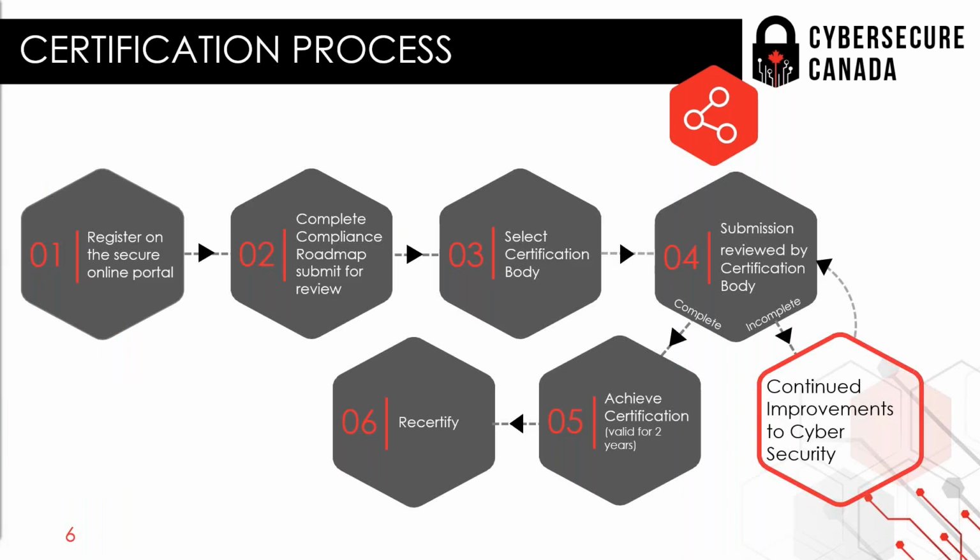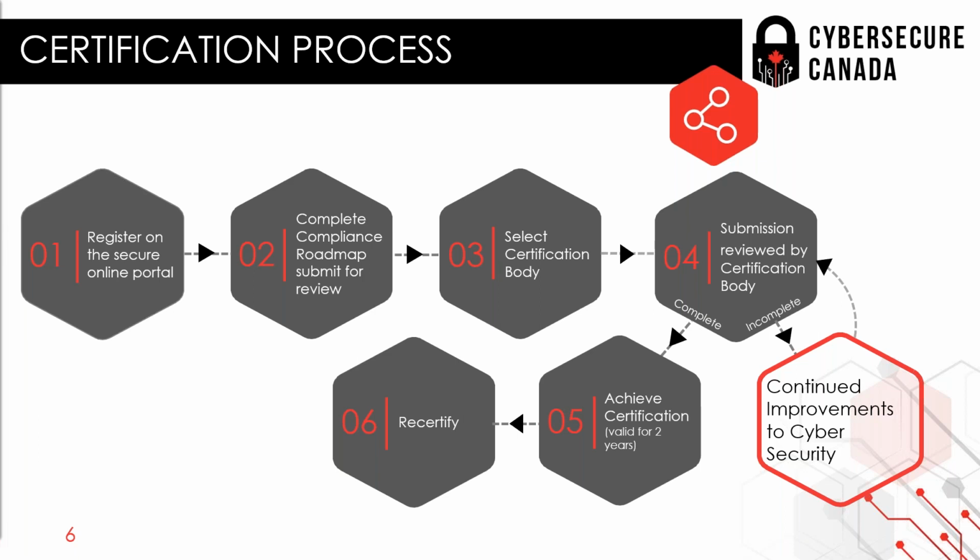The certification process has 6 steps. First of all, to get started, you can register to the secure online web portal by going to cyberessentialscanada.ca and clicking register. From there, you would complete the compliance roadmap and submit for review. At that time, you would be asked to select from one of the 4 accredited certification bodies.